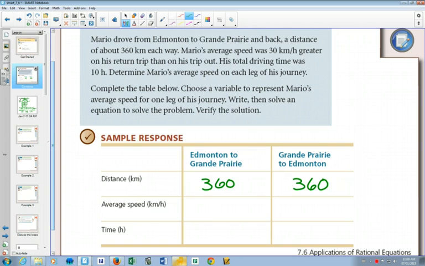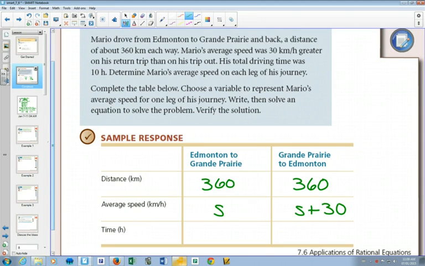So now we have something we don't know. We don't know exactly what his average speed is from Edmonton to Grand Prairie, but we know that it's 30 kilometers greater on the way back. So if I introduce a variable here as S, this one will be S plus 30. Determine his average speed. We know his total time is 10 hours, but we don't know his time from Edmonton to Grand Prairie.